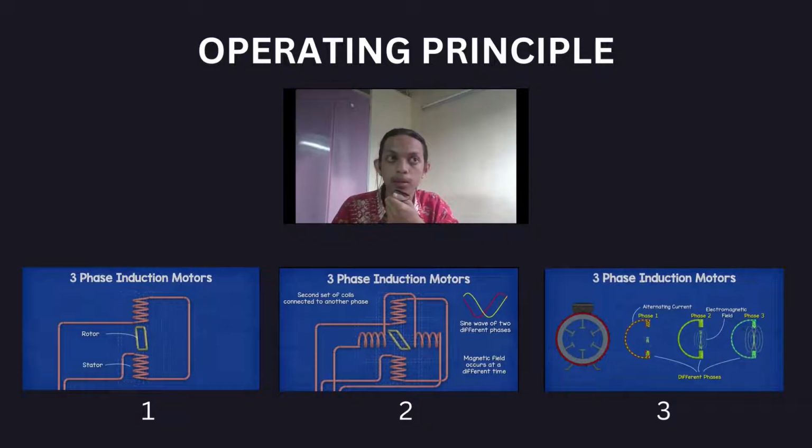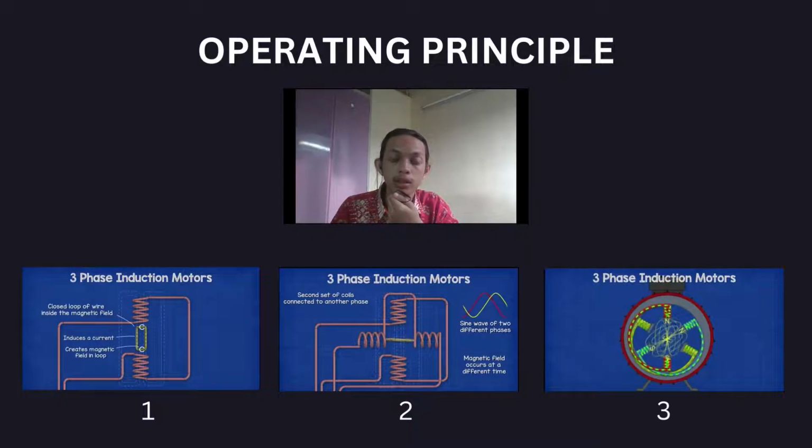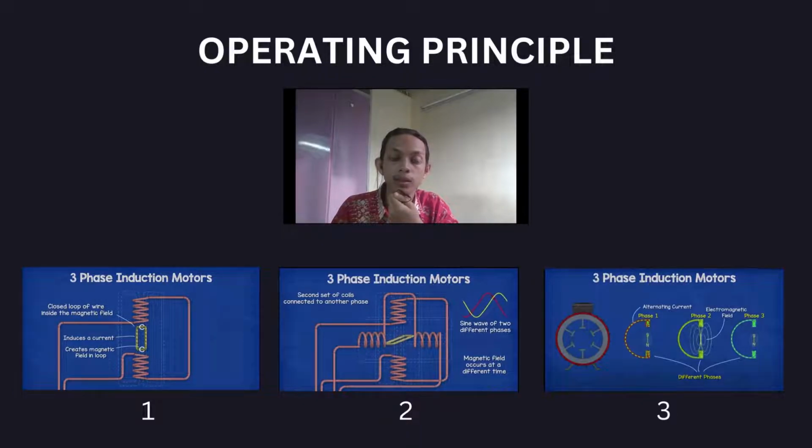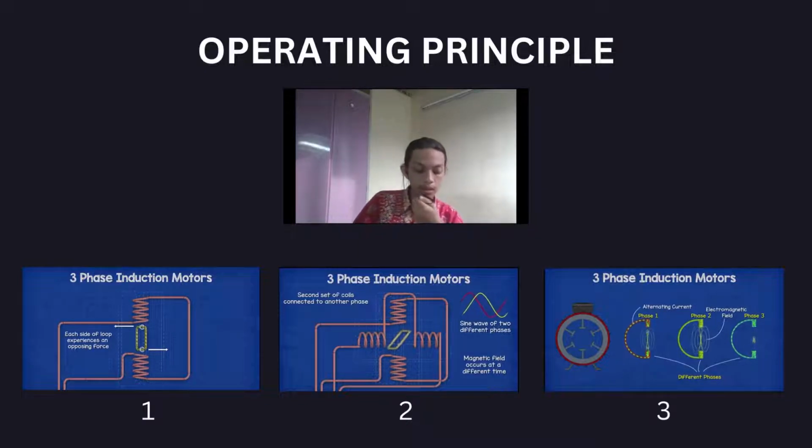When we pass an AC current through it, it will produce an electromagnetic field and its polarity. Not only that, we connect the three different coils in phase, so that the polarity and magnetic field can occur at different times.